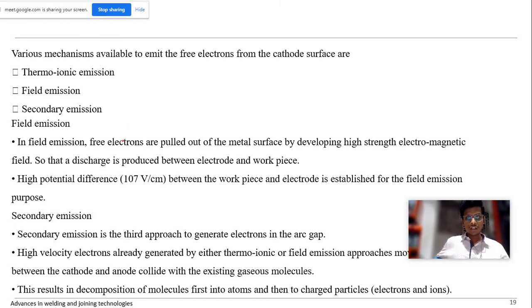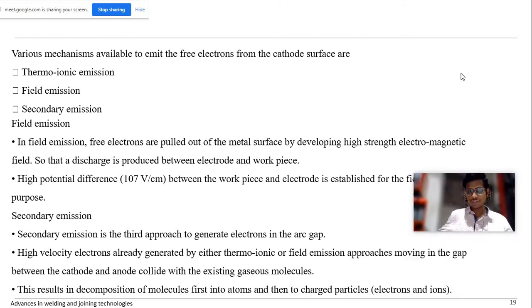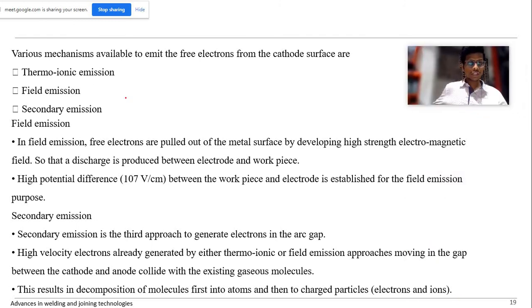If we maintain a high-strength electromagnetic field, electrons are removed from the metallic surface. That is called field emission. Here we maintain a very high potential difference to generate field emission. This is used in some kinds of welding techniques.